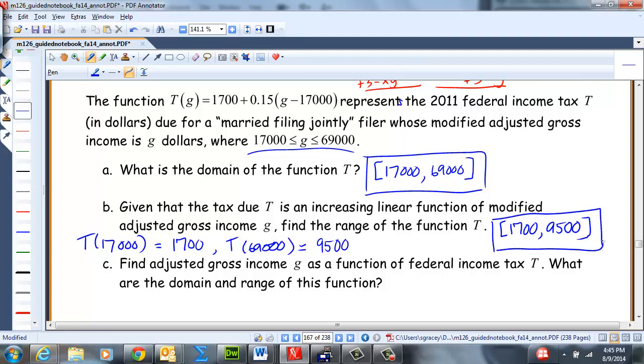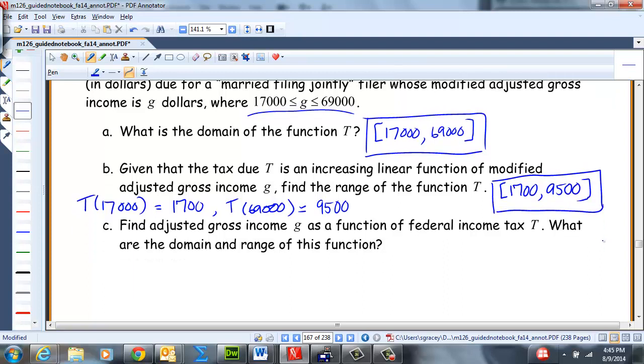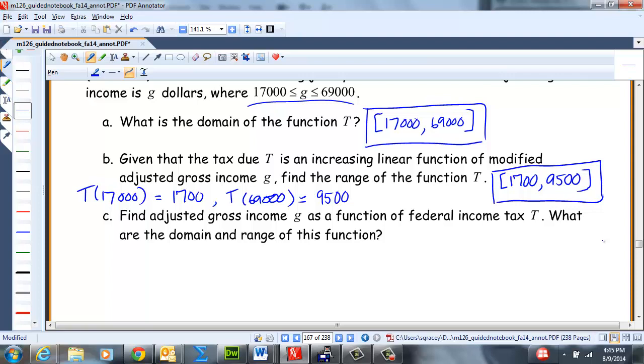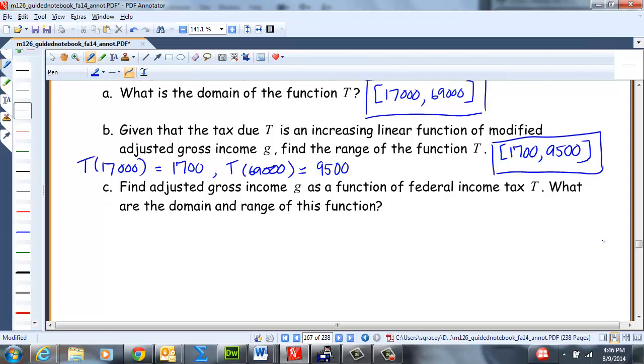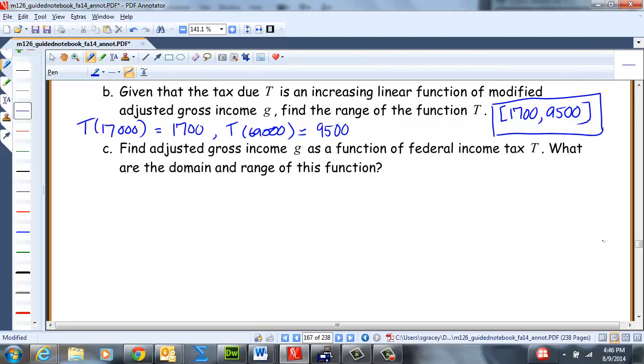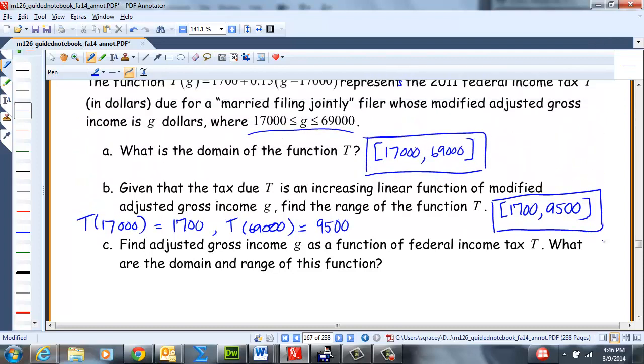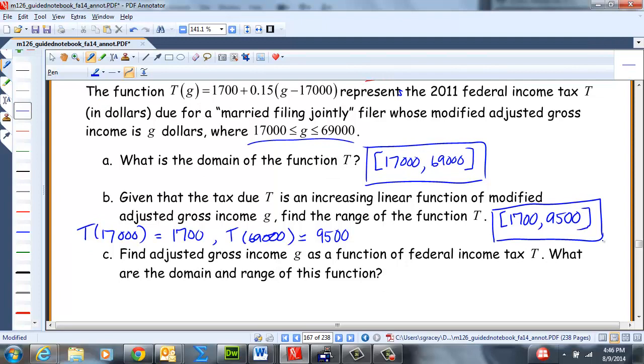All right, so now what if we wanted to find the adjusted gross income G as a function of the tax T? So we're basically going to isolate a different variable here. And you can do this because it's linear. So let's go from this. Instead of T at G, let's write it in equation notation: T equals 1,700 plus 0.15 times G minus 17,000.